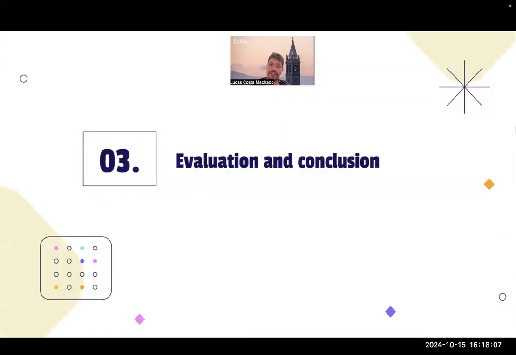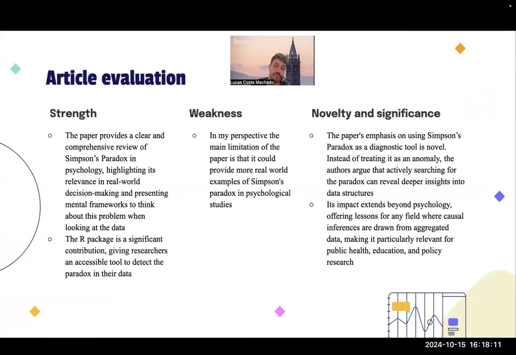But now, finalizing our study, going to the evaluation and conclusion part. As I already said, I really like this study, especially this tool in R. I think the main strength of this article is providing this tool to detect Simpson's paradox in different data sets.